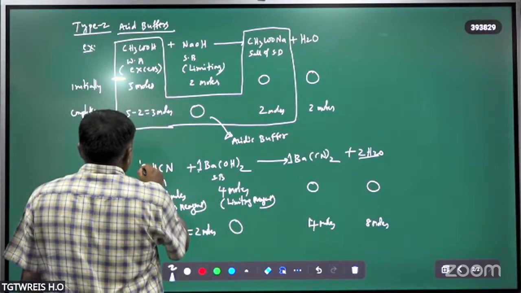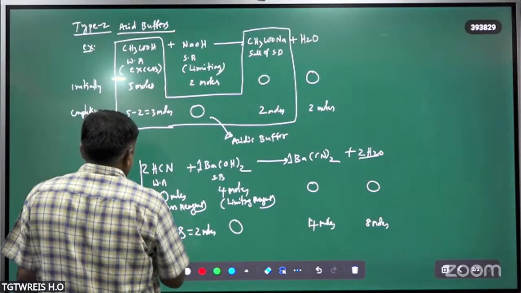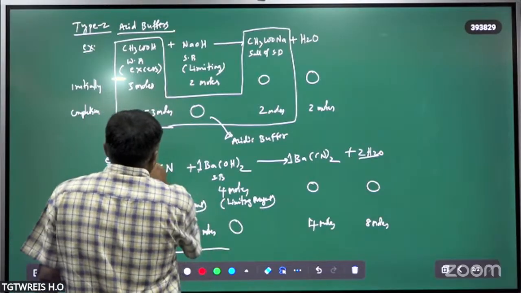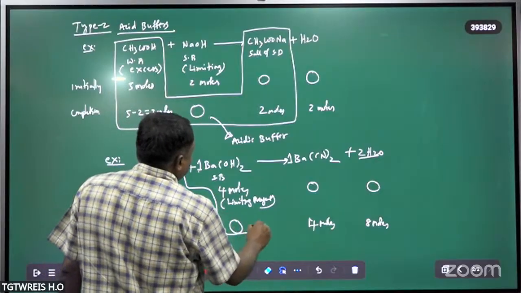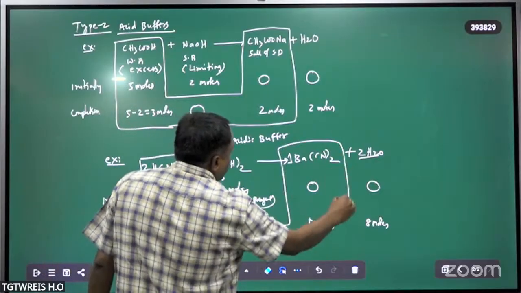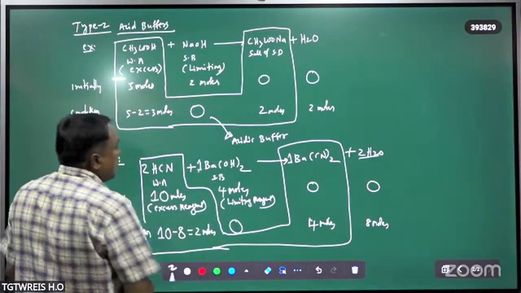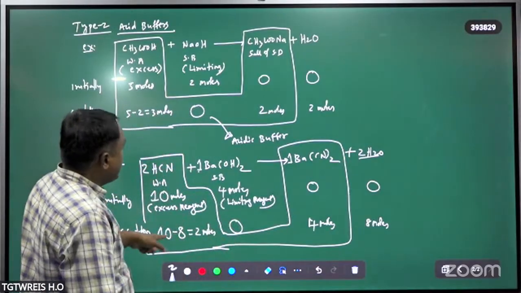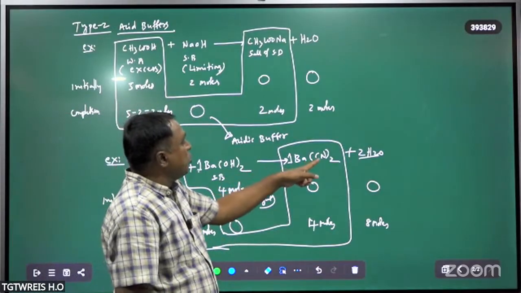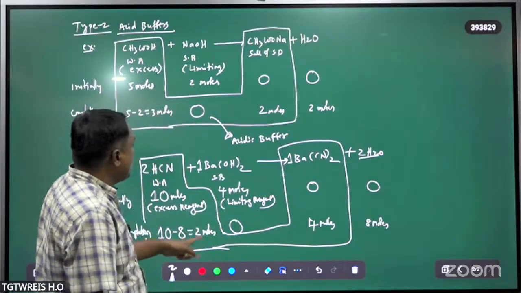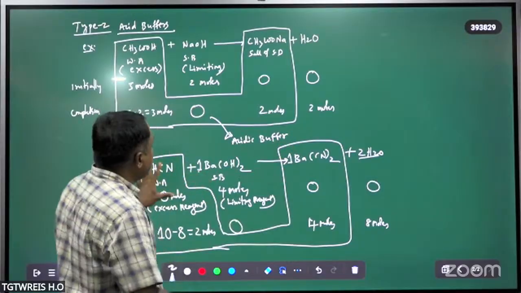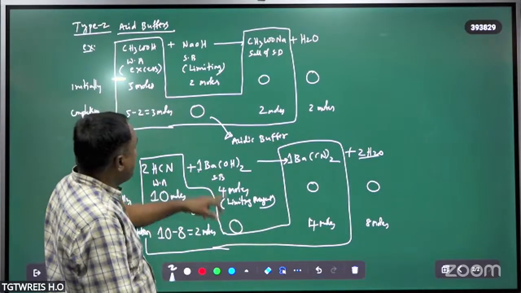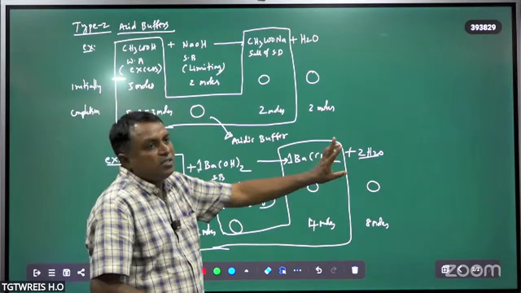Therefore, this HCN with this barium cyanide, totally it is acting as what now? An acidic buffer. By combining these two in the reaction mixture, what is left? Barium hydroxide is 0.